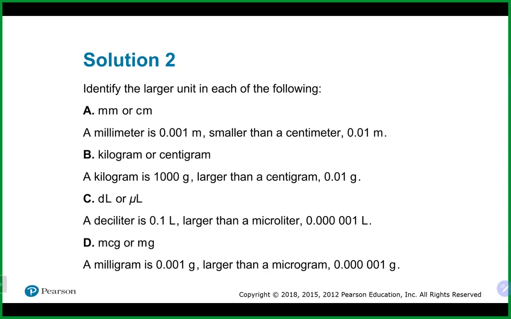So kilo is larger. Deciliter is larger than microliter, and milligram is larger than microgram in this case. So milligram, deciliter, kilogram, and centimeter. Those would all be the larger guys.